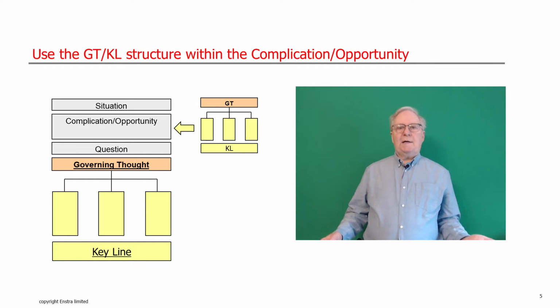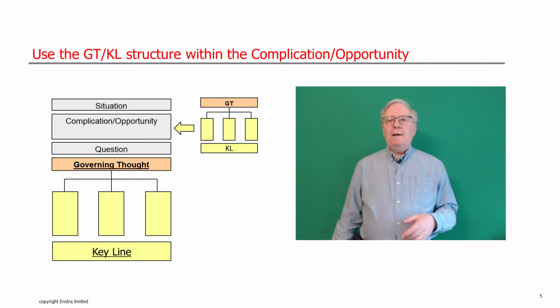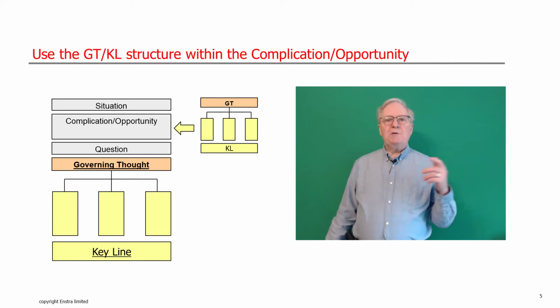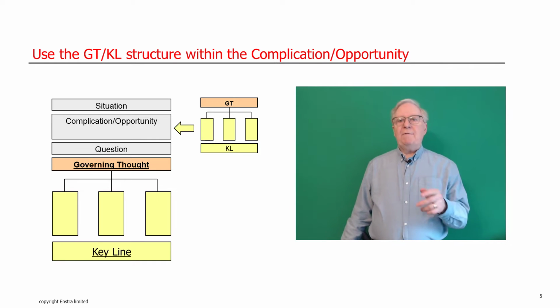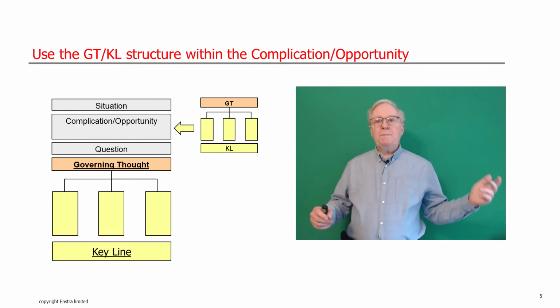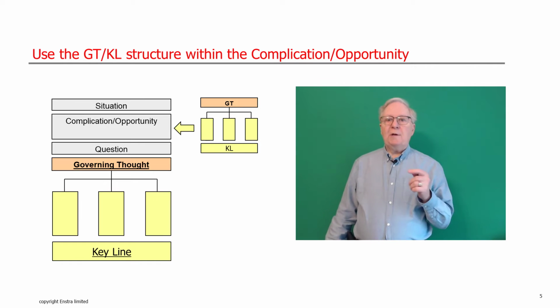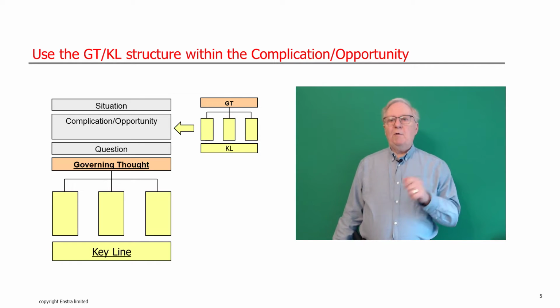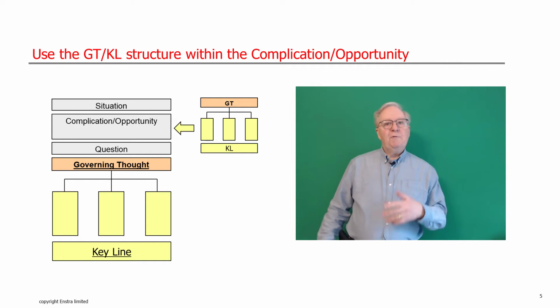You can use inductive or deductive logical forms as you learnt during your training, and your governing thought is the complication or opportunity facing your audience. You then have your key line and possibly some support logic to support your governing thought. Having been through your complication opportunity logic, your audience sees the same complication or opportunity as you do. You've proven it.